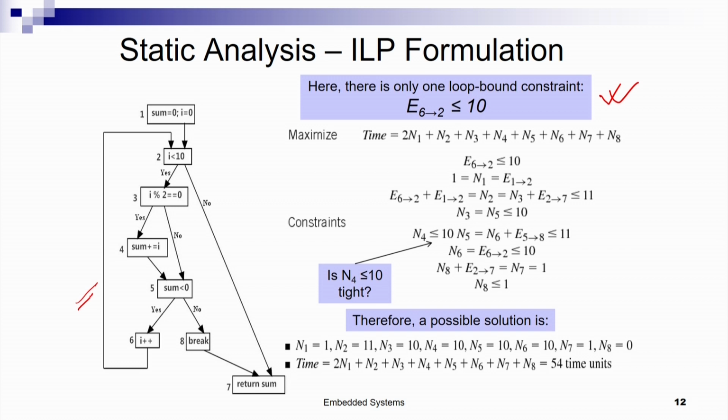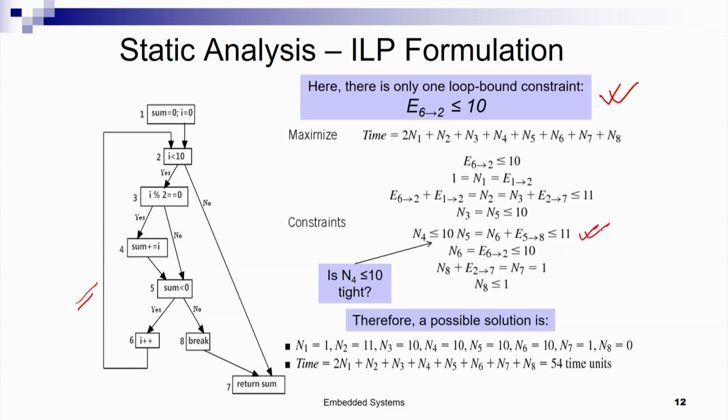So, we can say that N4 is less than equal to 10 here, and N5 equals N6, and N6 plus E58 is less than equal to 11.